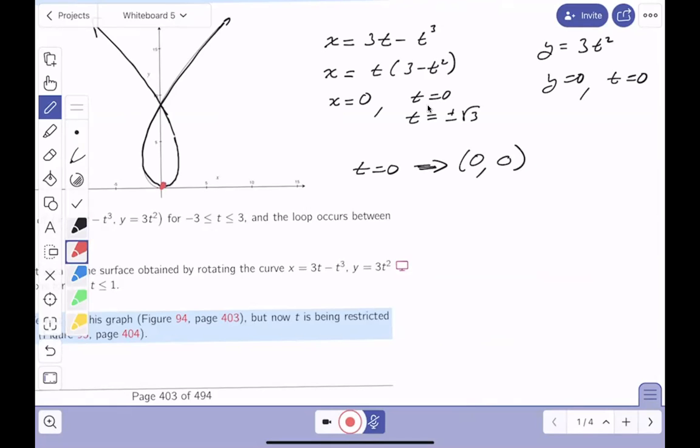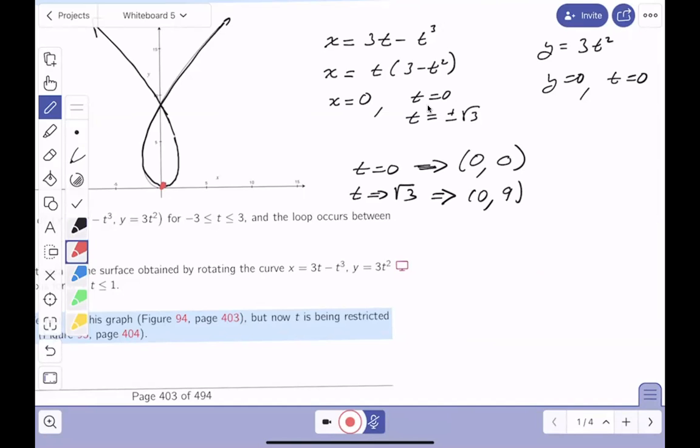And the loop we're talking about is the loop you're witnessing over there. Now I'm going to say there's probably another place that I should consider. And that's when t is root 3. What point would I get there? Well, the x value would still be 0. The y value would be 9.